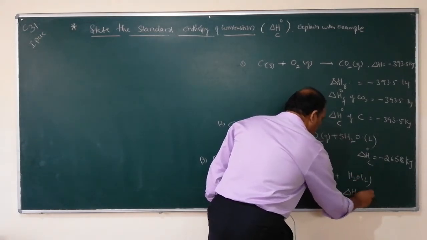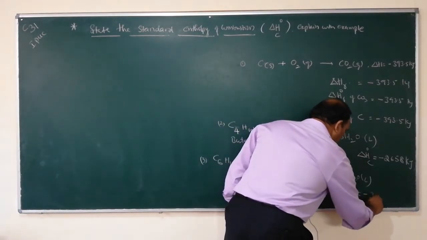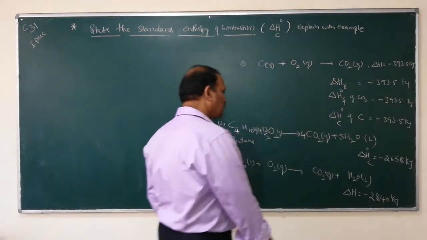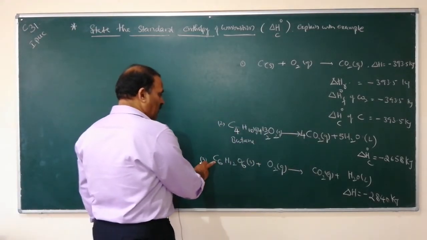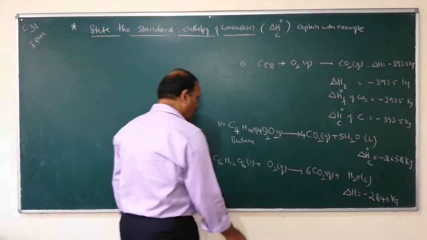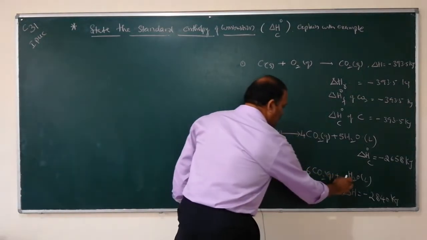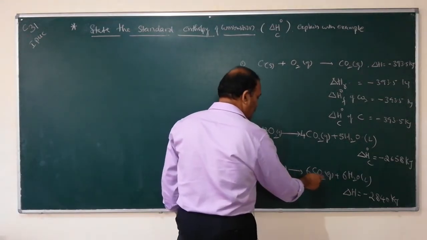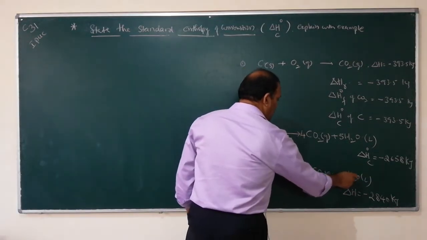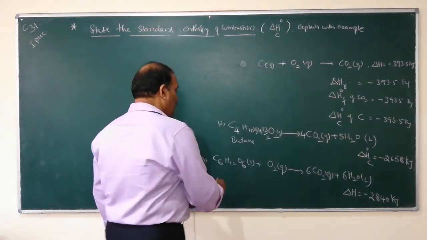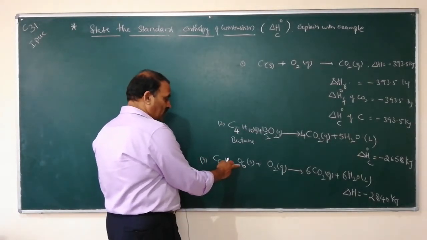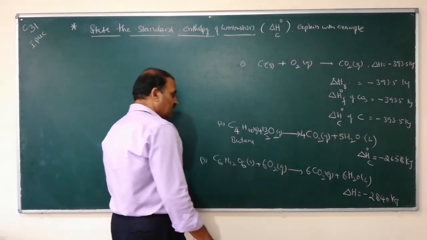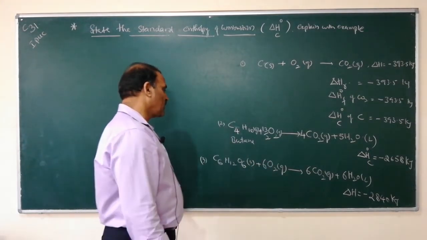So delta H equals minus 2840 kilojoules. So for 6 carbon, we have to write 6 CO2, for 12 hydrogen we have to write 6 H2O. So how many oxygen? 6 into 2 is 12, 12 plus 6 is 18. 18 minus the 6 already there leaves 12. Therefore it should be 6 into 2. So this is the balanced chemical equation.